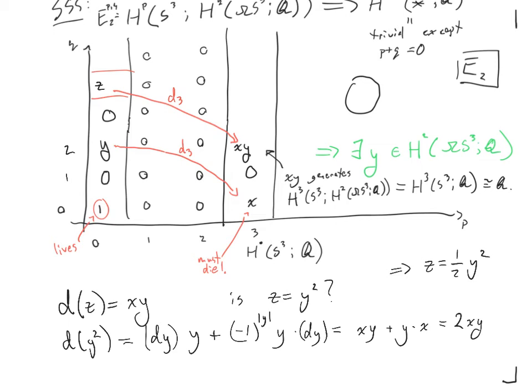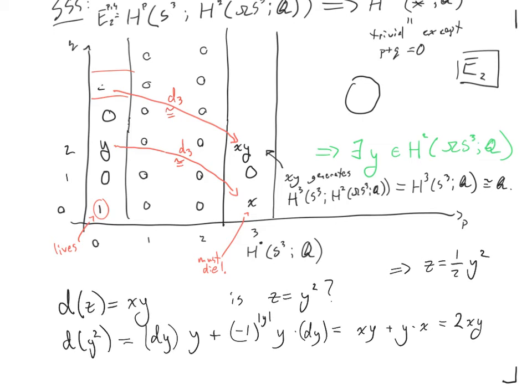It maps to xy. But we also know that D3 has to be an isomorphism between the source and the target in order to kill the homology groups. And so the source has to be generating a copy of Q.